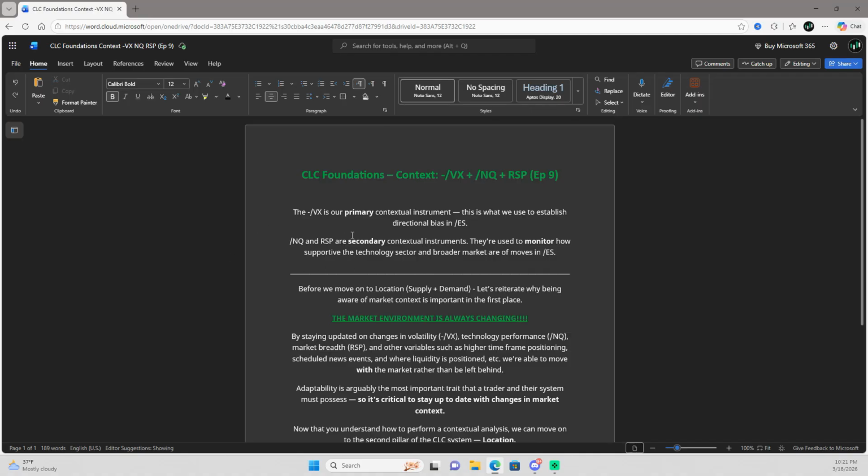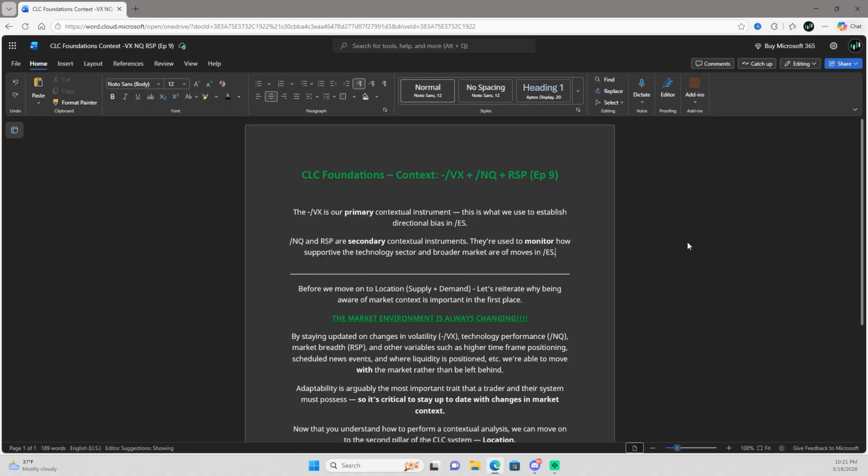So NQ and RSP are secondary. They are used to monitor how supportive the tech sector, tech adjacent companies, and the overall broader market are of moves within ES. NQ and RSP are the most relevant when one of the two names or both names are exhibiting some sort of anomalous behavior.